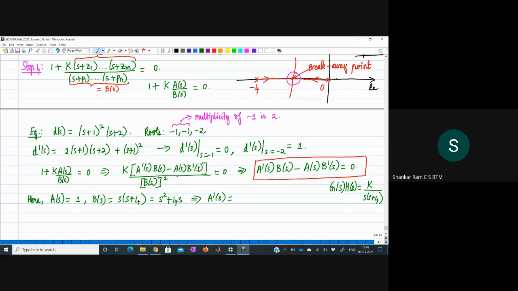Mapping it to k times a of s by b of s, a of s becomes 1. B of s is s times (s plus 4), which is s squared plus 4s. So what will be a prime s?